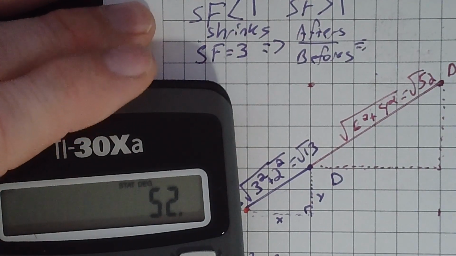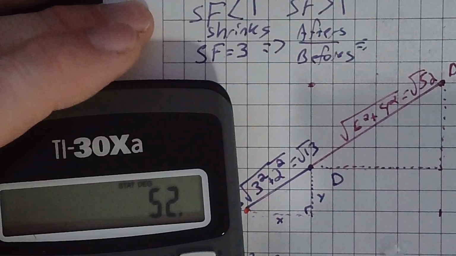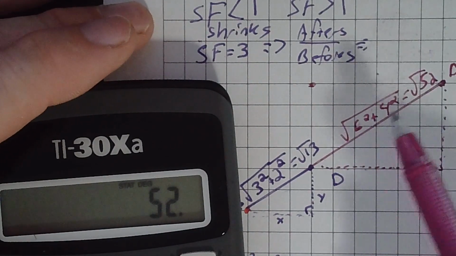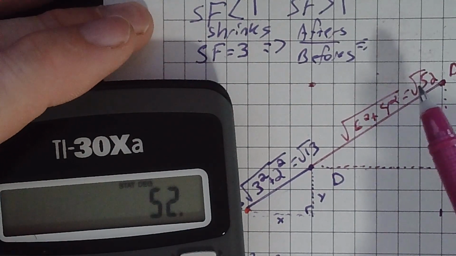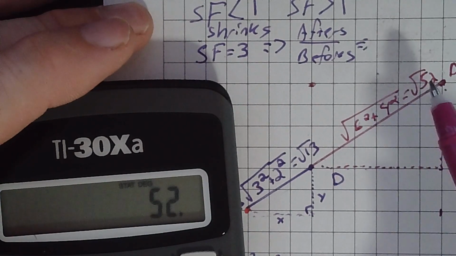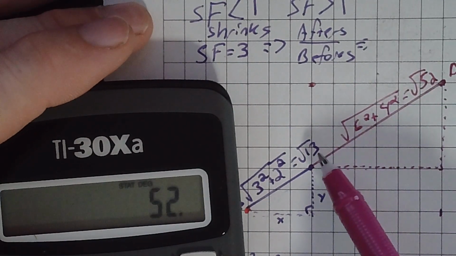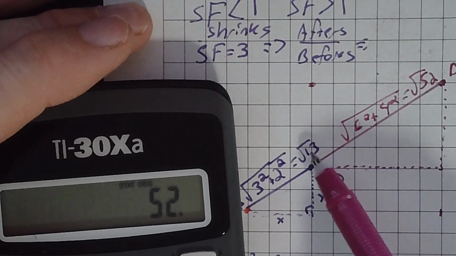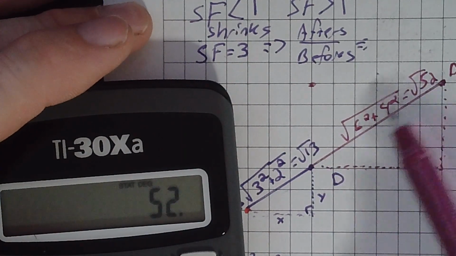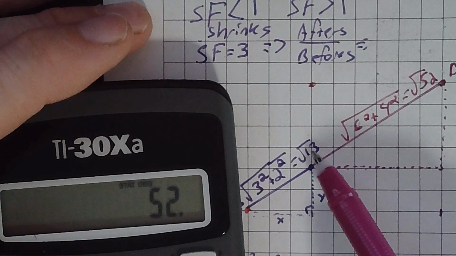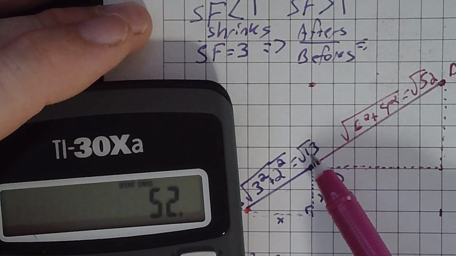If I did my math right, the value inside this radical should be a multiple of my shortest distance inside the radical. So it should be divisible by that, and it should be a perfect square.